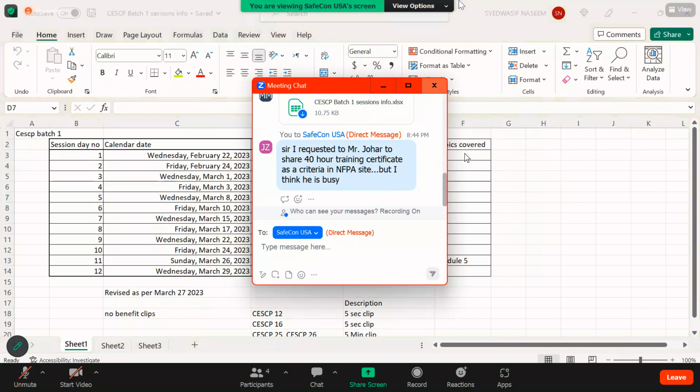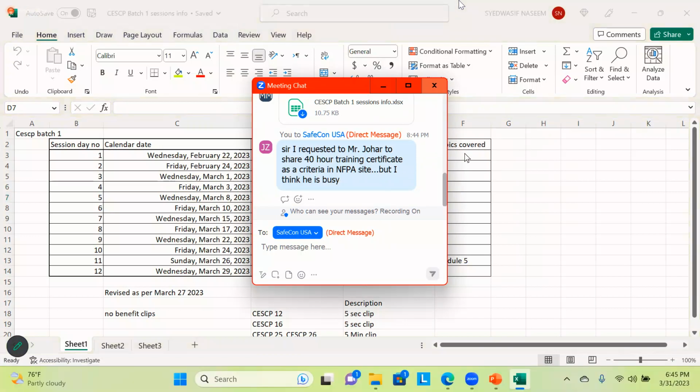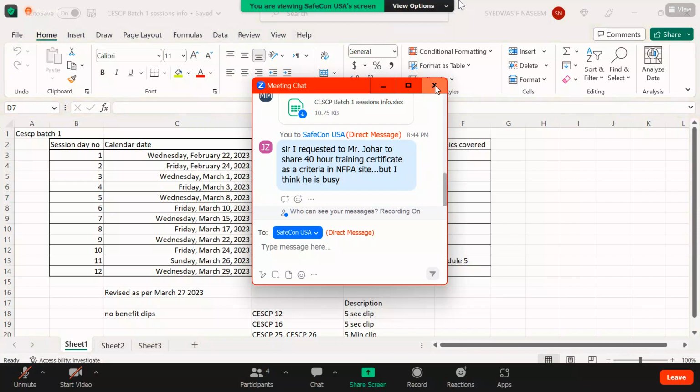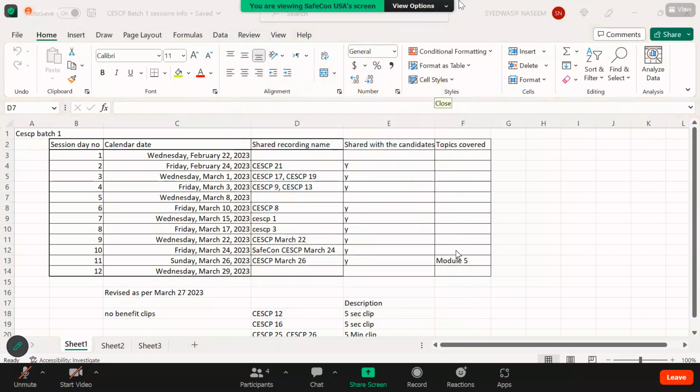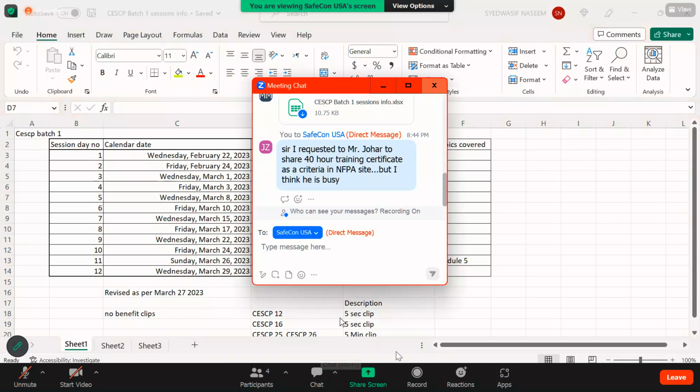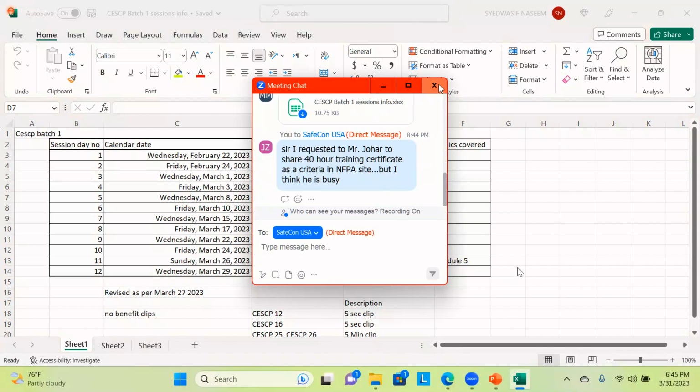Okay, sir, for the exam, do we have to do it independently? First you will go to the NFPA website and create your account. Then you will upload information like 40 hours of electrical safety training, for which the certificate will be given by Mr. Johar.